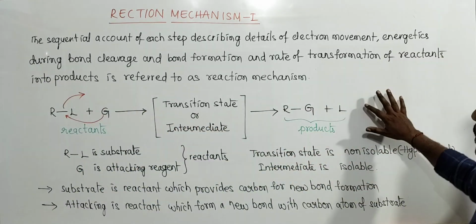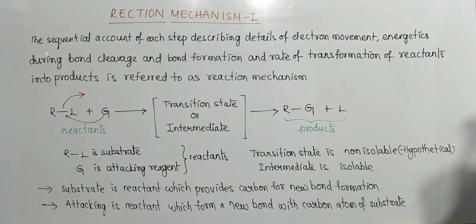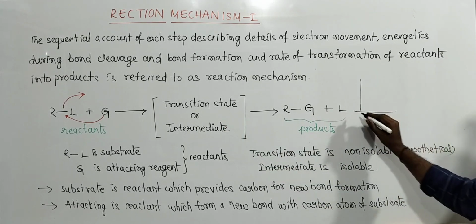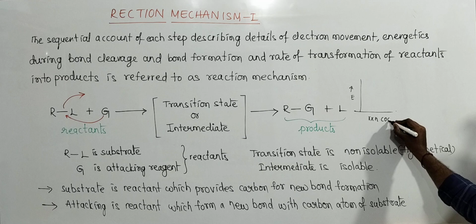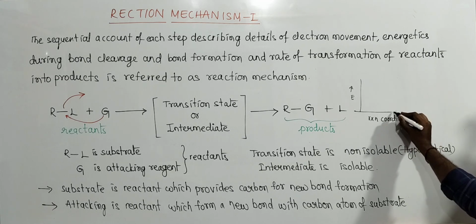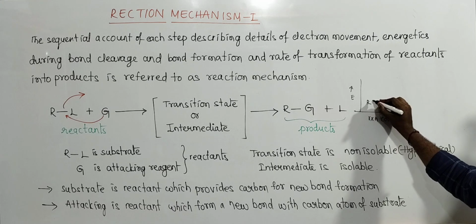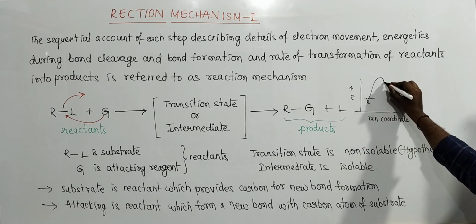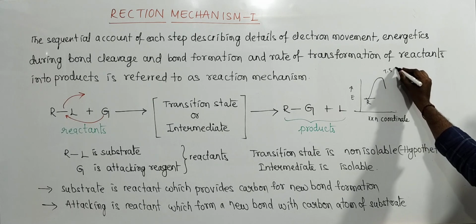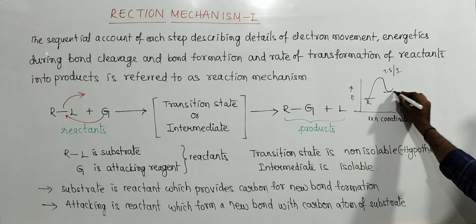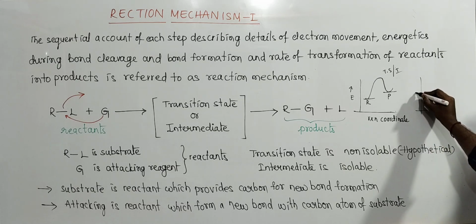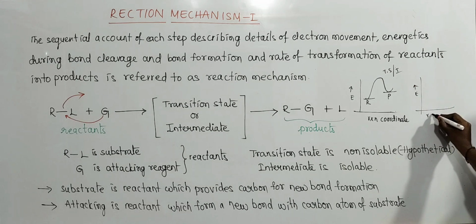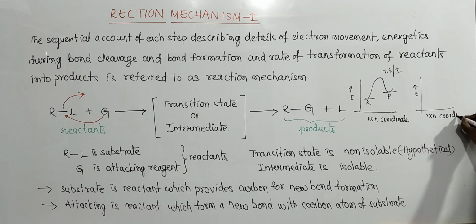Of course, the transition state has greater energy than the reactants. For example, this is energy on the y-axis, and this is the reaction coordinate on the x-axis. The reactant's energy is here, the transition state or intermediate energy is here, and finally the product.